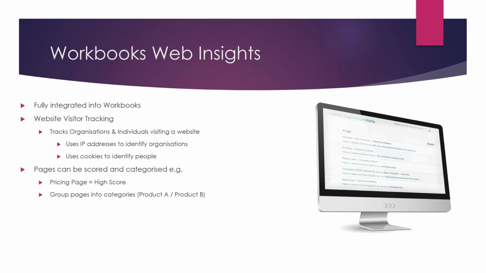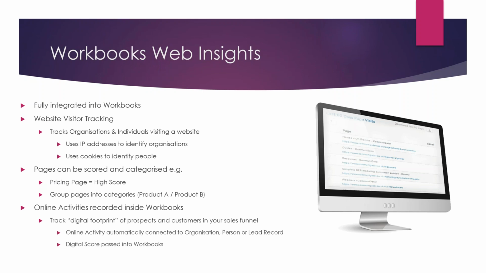And we've added the page scoring and categories to those, so it enables you to categorize the type of pages that you would like tracked, and then that online activity gives you that digital footprint.